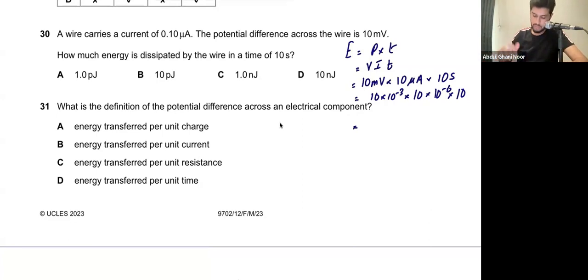The value that you get is, oh, sorry. This is 0.1 microamperes. I wrote this as 1 microamperes, my bad. 0.1.